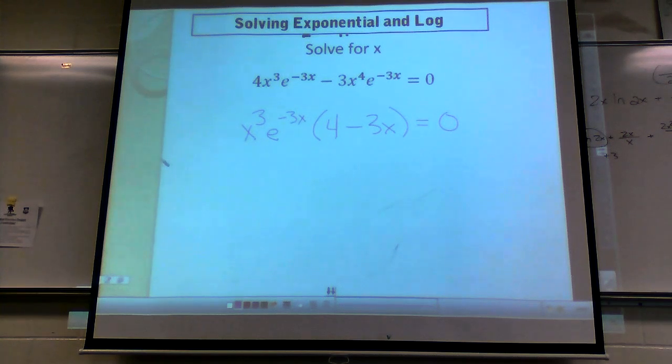This is essentially back to how you would treat solving a quadratic or anything with a polynomial, because there are two factors here, one grouping here, one here. If either one of these is equal to 0, you will get an answer of 0, because they're multiplied together.